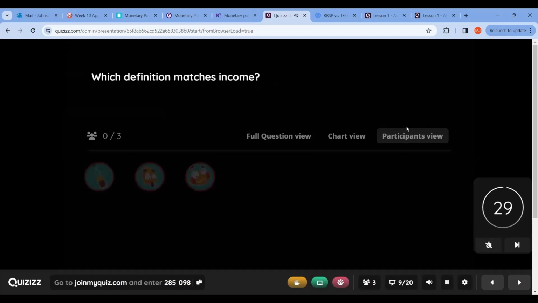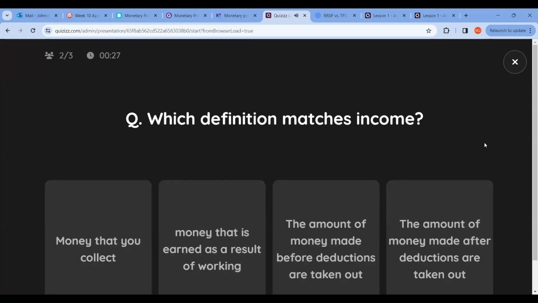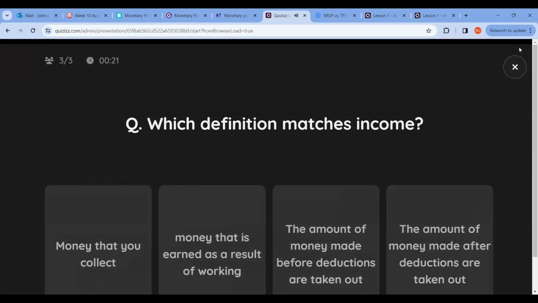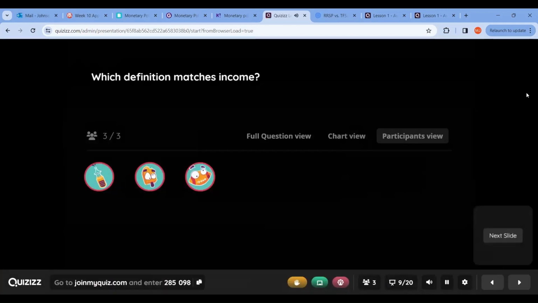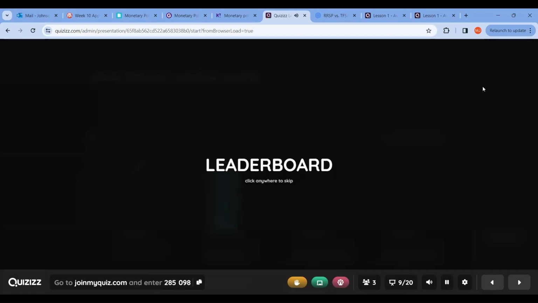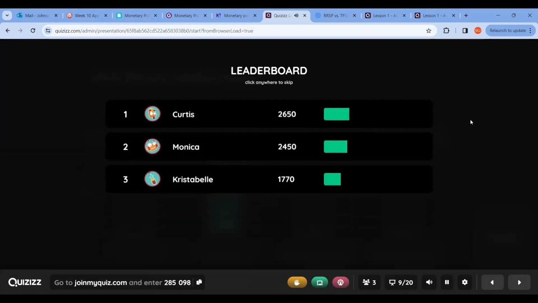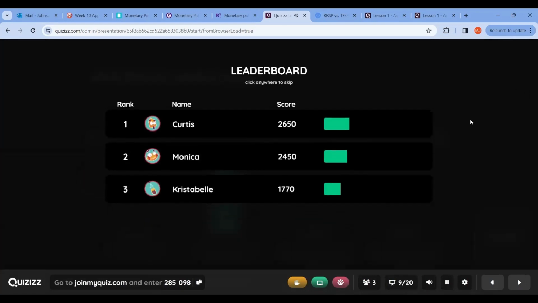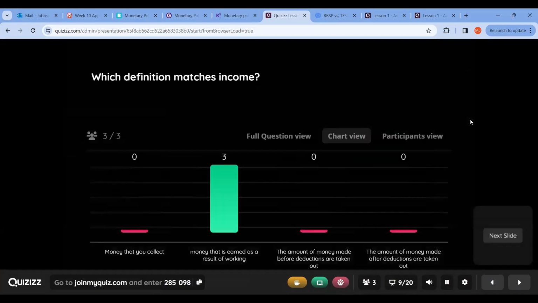So which definition matches income? So like I said, for government, income is taxes. So money that's earned as a result of working, yes.